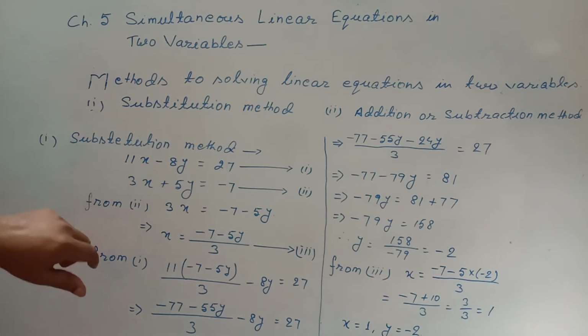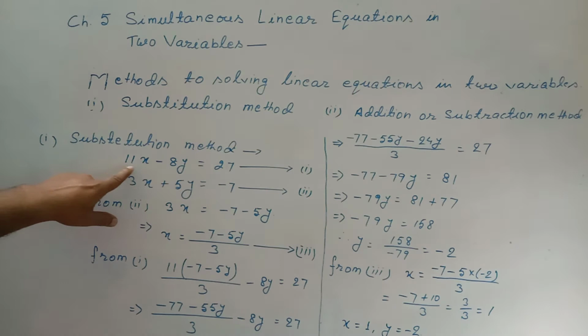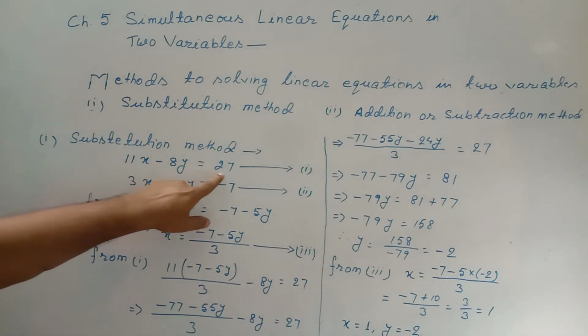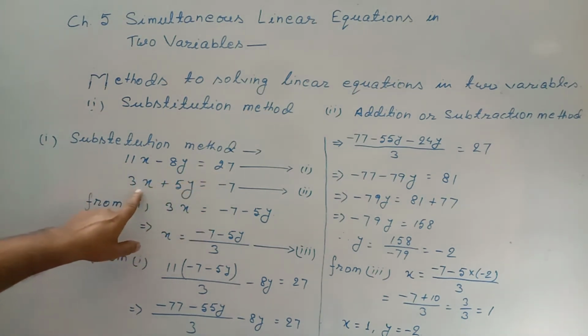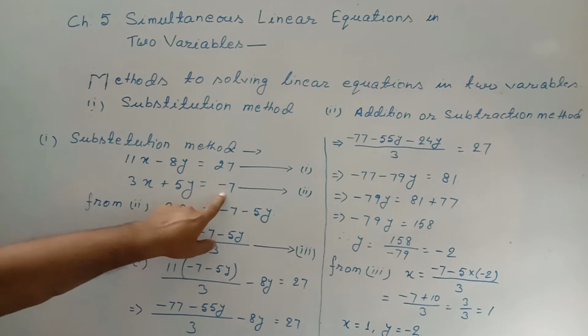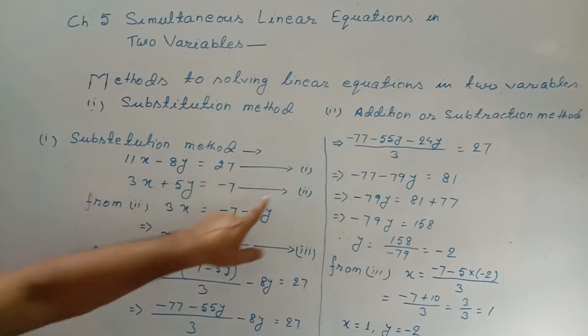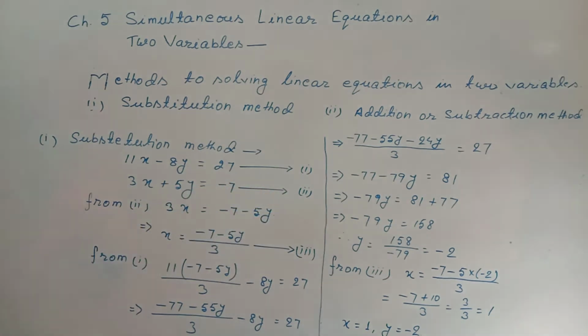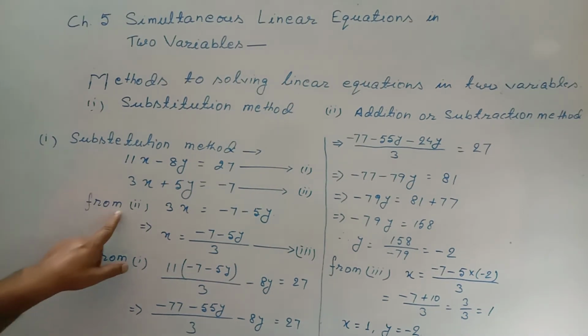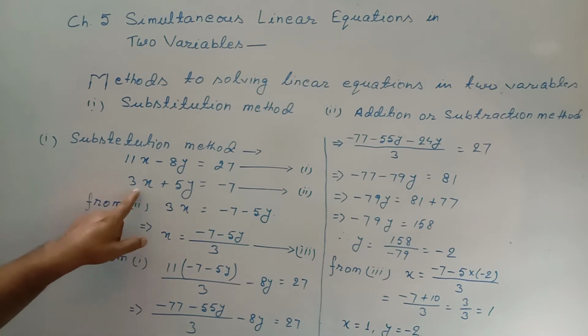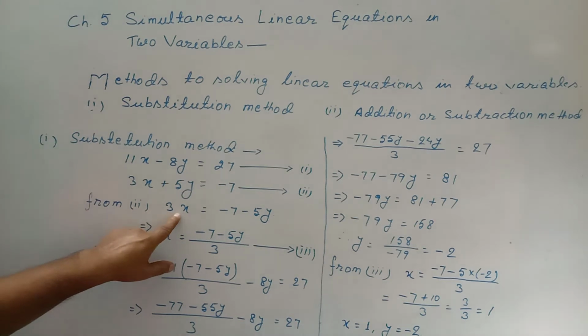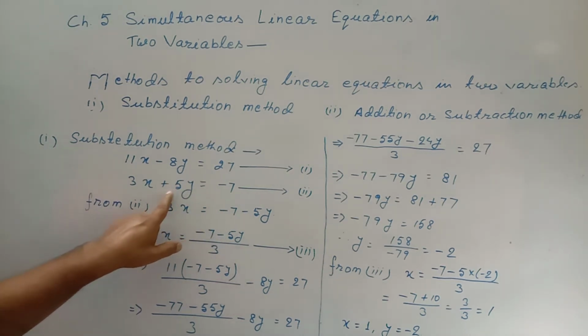Suppose those two linear equations are 11x minus 8y equal to 27 and 3x plus 5y equal to minus 7. This is equation number 1 and this is equation number 2. Now we are applying the substitution method to find the values of x, y. So from equation number 2, we can find the value of x in this way. 3x equal to minus 7 minus 5y.